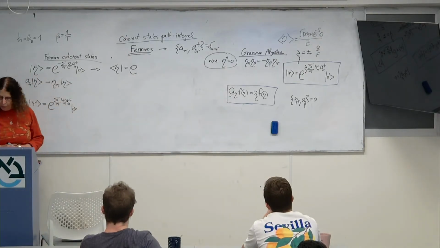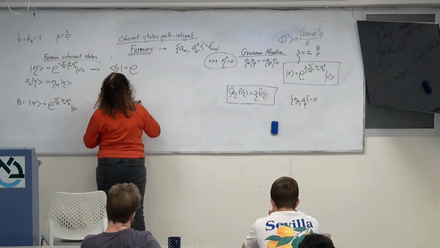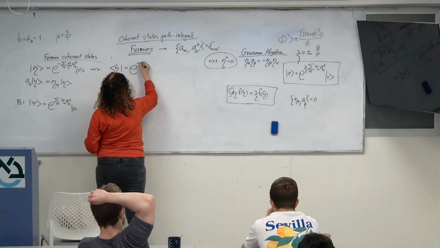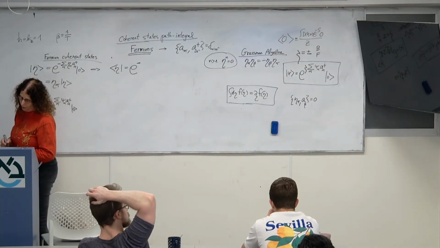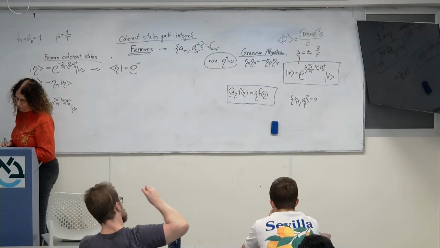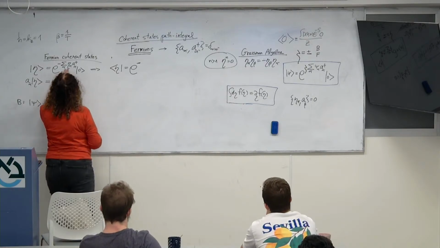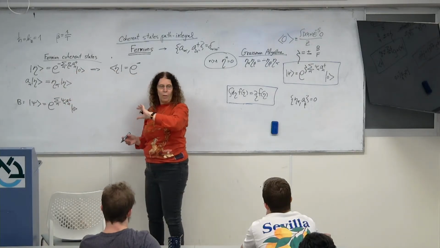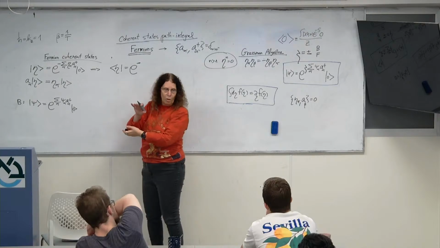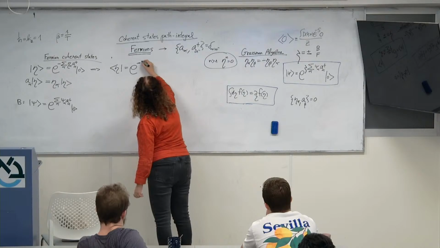So the conjugate of this is actually e to the... shall we write it as... okay? Okay. So the Hermitian conjugate of this is just exchanging the order of everything, right? That's the definition of Hermitian conjugation.